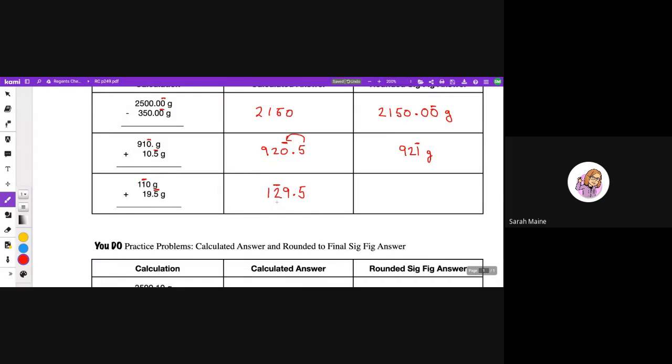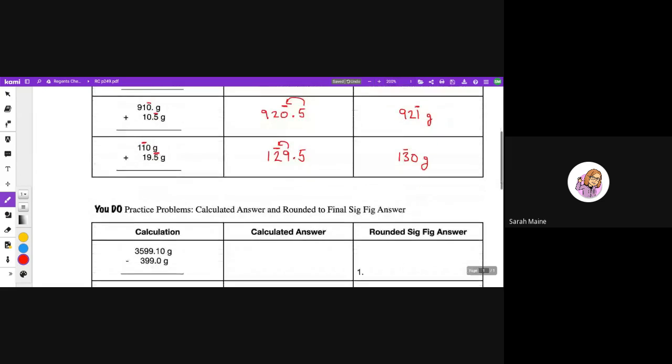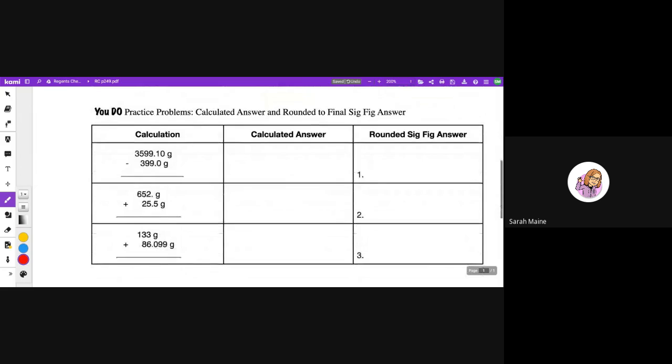That's the most precise that these two masses can add up together. The digit that's in the ones would make our tens round up, so we would record this as 130 grams.